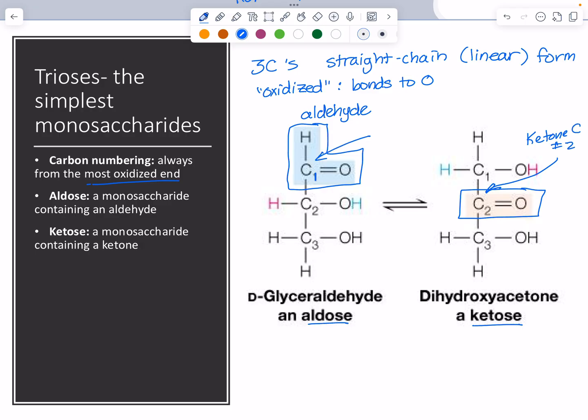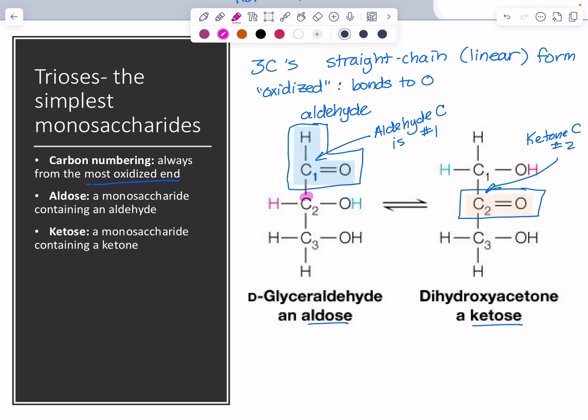And here, the aldehyde carbon is number 1. One of the things you'll notice that is different between our aldose and our 3-carbon ketose is that the aldose has a chiral center.